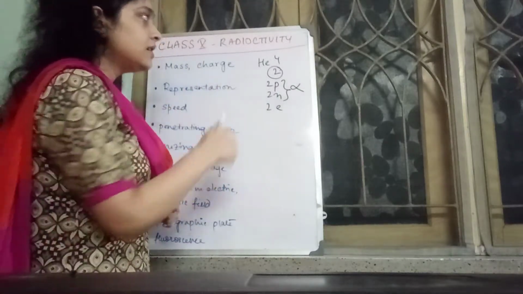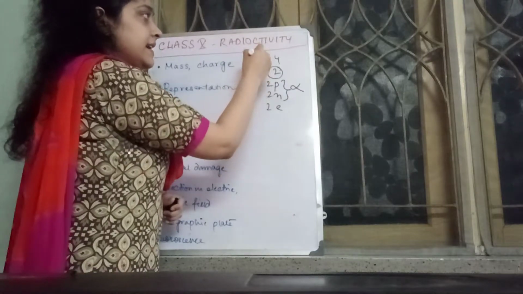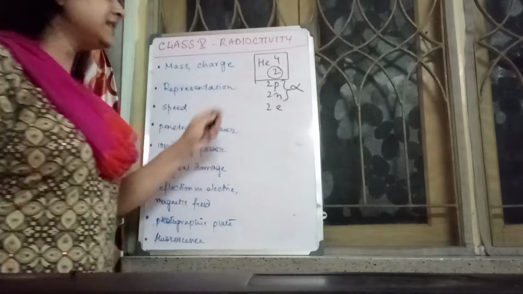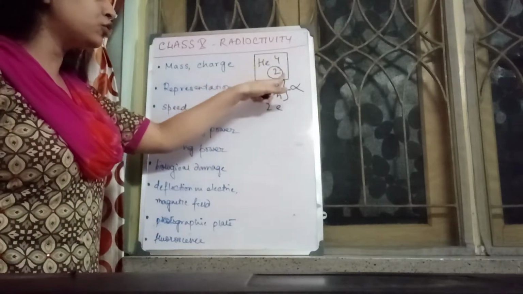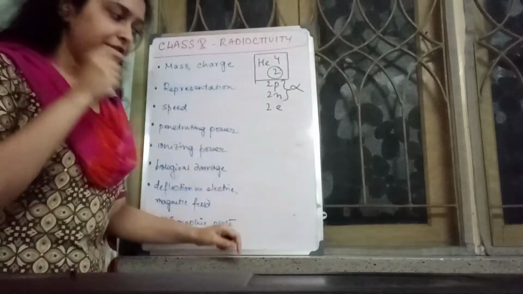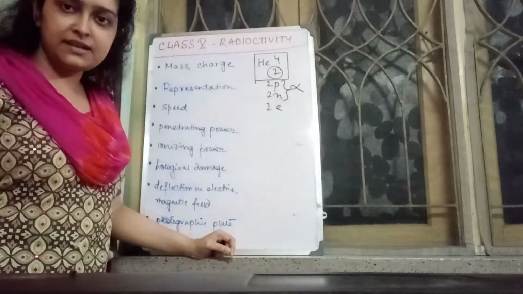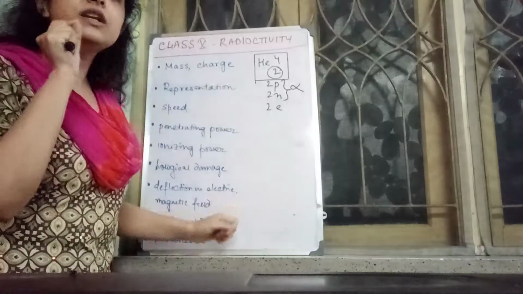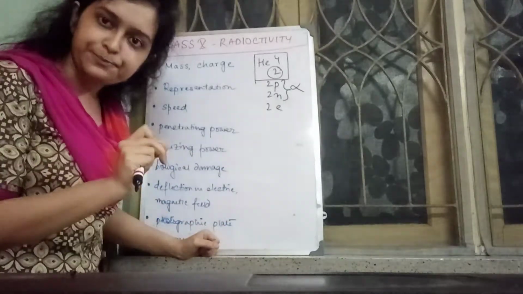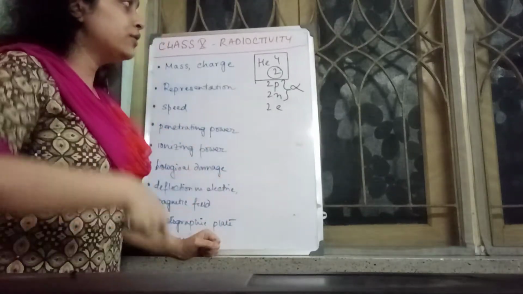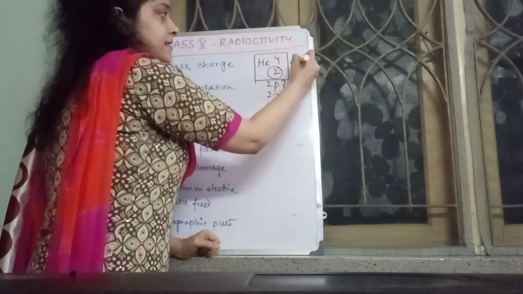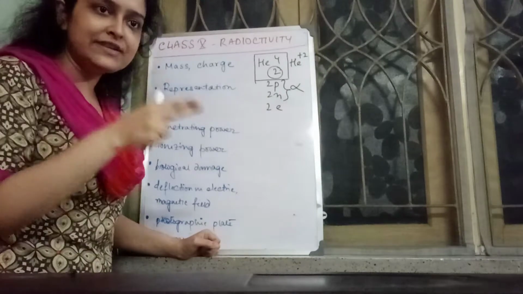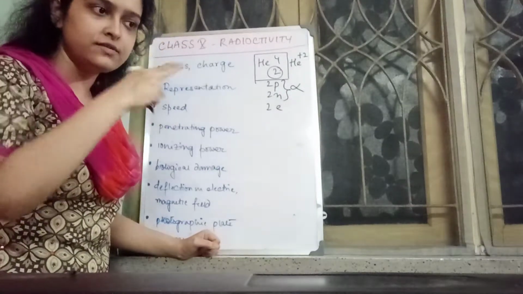So we can represent it with the help of helium 4-2. If we write this in radioactivity reactions, we mean the nucleus of a helium atom. Or you can also say helium with +2 charge, which means a deficit of 2 electrons, that means 2 electrons knocked out.